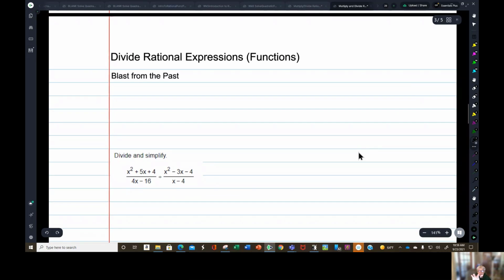All right, another blast from the past is called for. I'm going to use the same fractions I used before, but instead of multiplying, I'm going to divide.